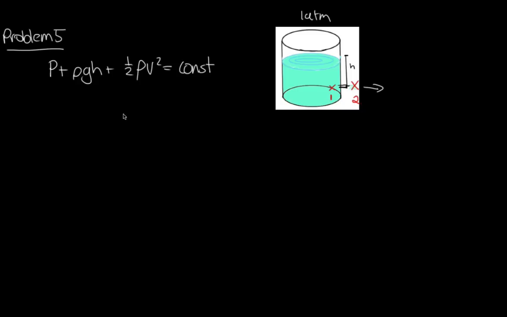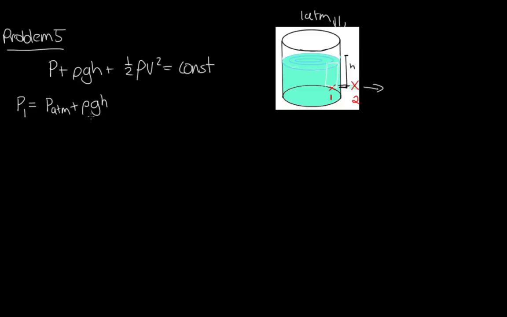So what we'll do is we'll write down everything we know about these locations. So we know the pressure at 1, it's caused by the atmospheric pressure acting on the top of the tank, so that's equal to the pressure of the atmosphere, plus it's also caused by the weight force of the water there, so that is plus rho GH.